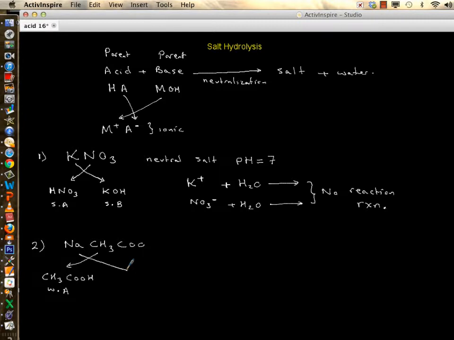The first name comes from your sodium hydroxide, which is a strong base. Now, the salt will take the character of the stronger parent. In this case, the stronger parent is the base, so this is a basic salt. So that's one quick way to realize if your salt is acidic or basic or neutral. And if you say it's a basic salt, that means the pH of this salt is greater than 7.